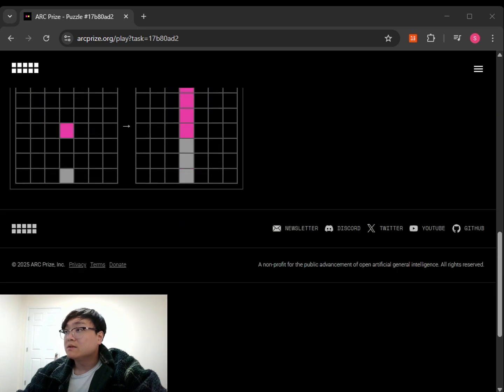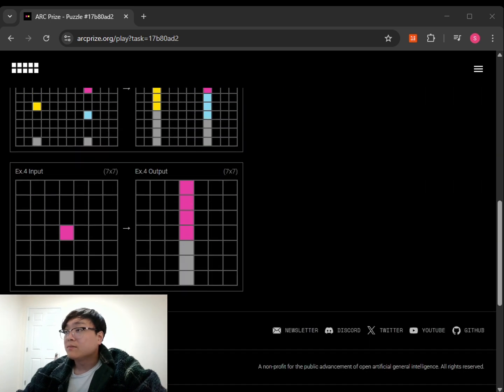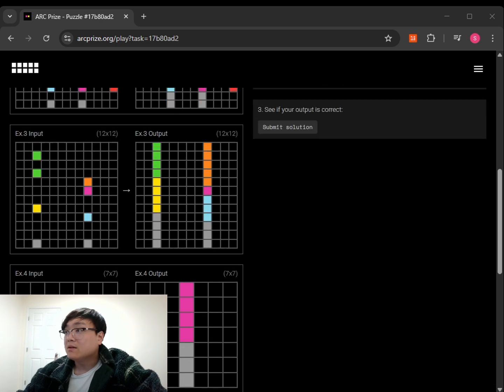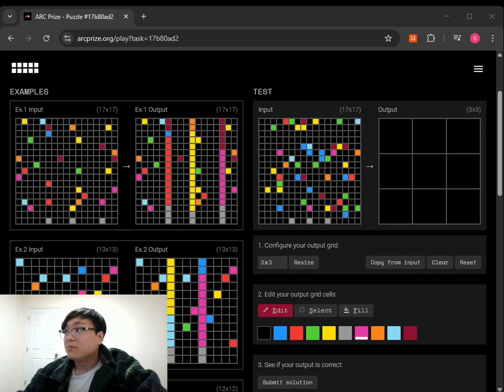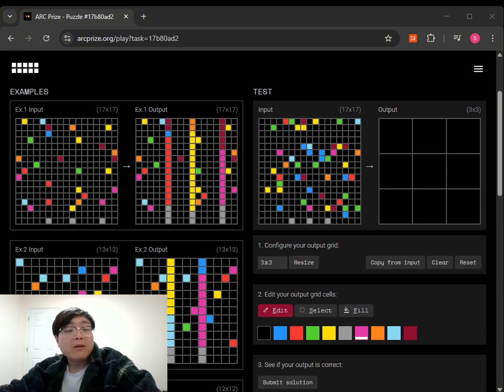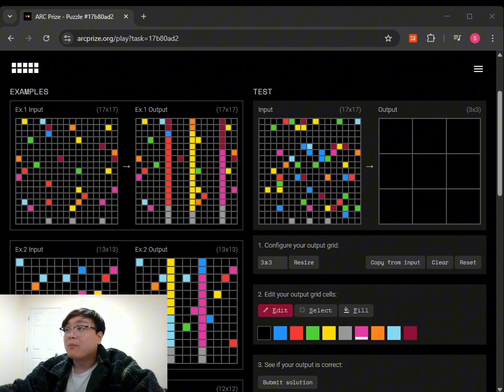It looks like they're making stacks. Oh, it looks like the color gray connects to a color and then goes up. Let's try the hypothesis. I'm thinking like how would I make an AI or a computer program to recognize this? This is pretty intense.